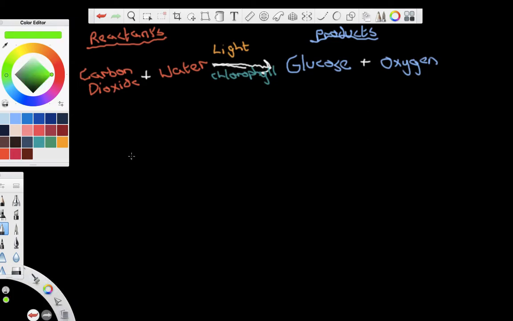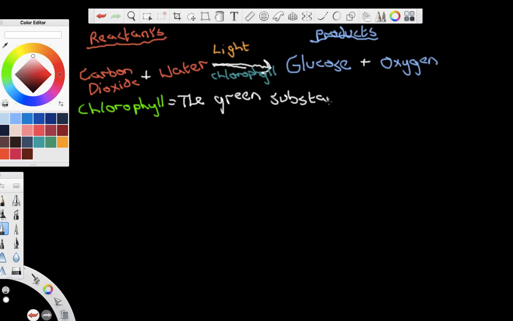So we can say that chlorophyll is the green chemical, or the green substance in plants or in leaves that carries out photosynthesis.